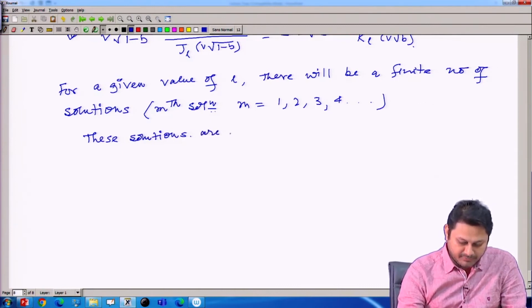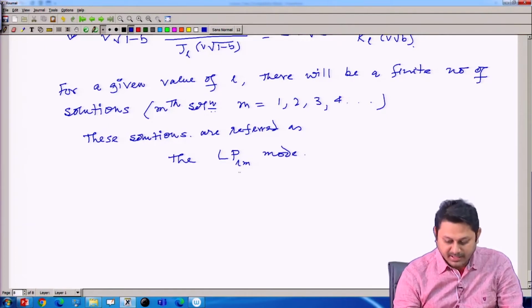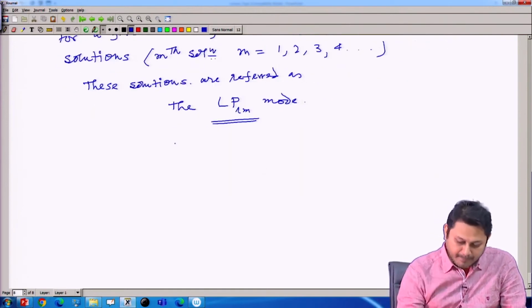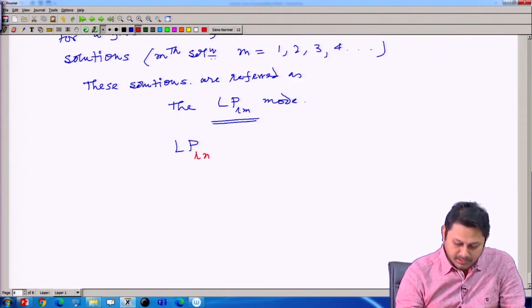And these solutions are referred to as the very important term LP L m modes. LP stands for linearly polarized and this L m gives the idea of which mode I am talking about. So, LP, this subscript is important, L m.